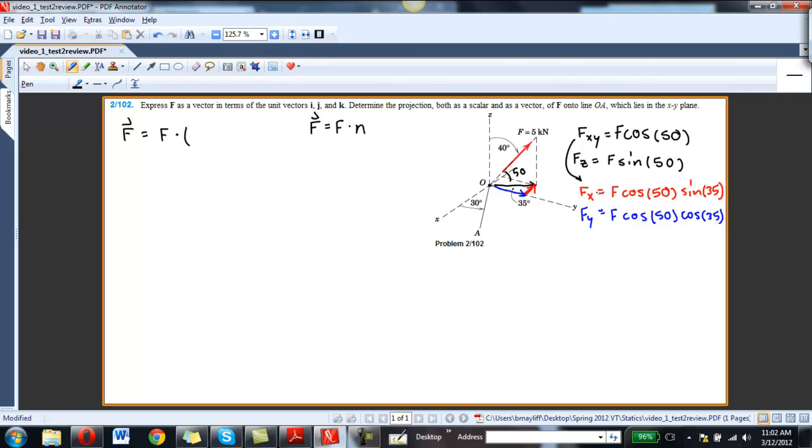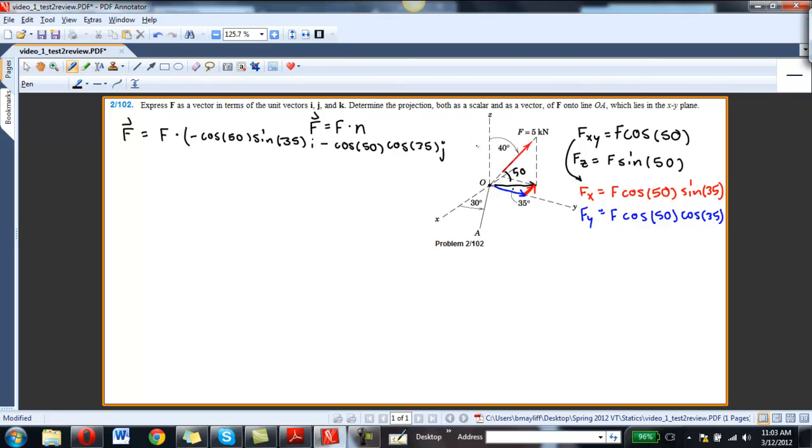So we have Fx, which would be negative cosine 50 sine 35 i. And let's see, j would also be negative, so negative cosine 50 cosine 35 j.